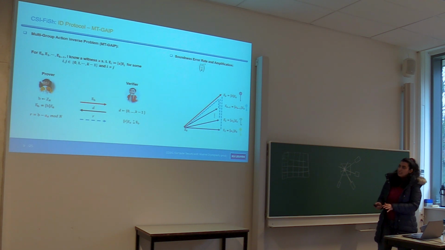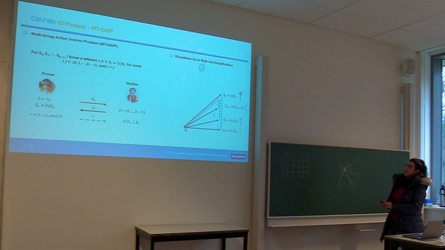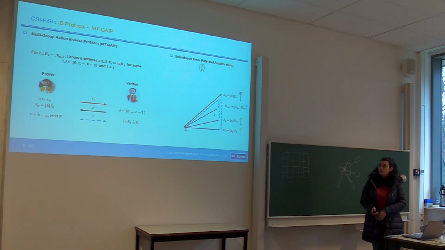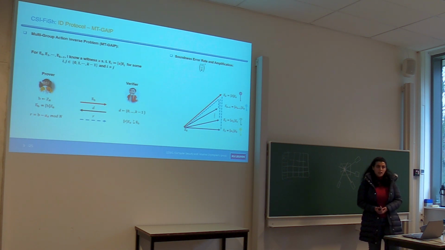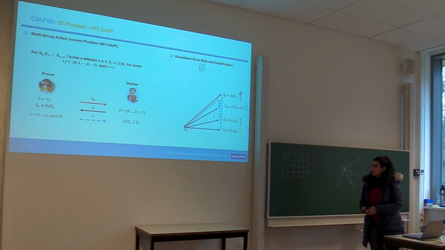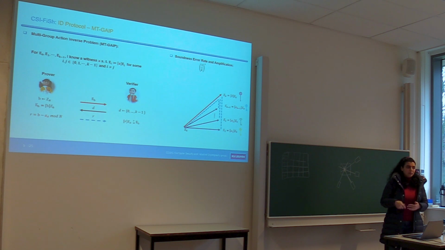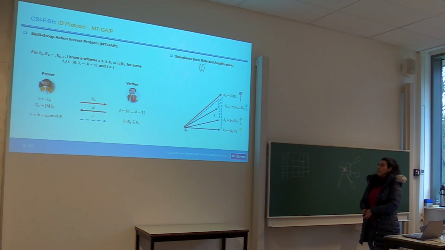With this technique, they improve the soundness error rate to 1/k to the power of t. This t is less than lambda, because they need to repeat it fewer times than the previous basic ID protocol that I mentioned.